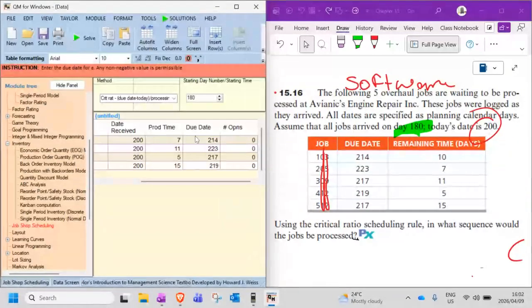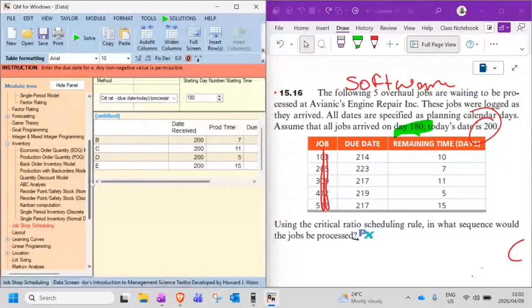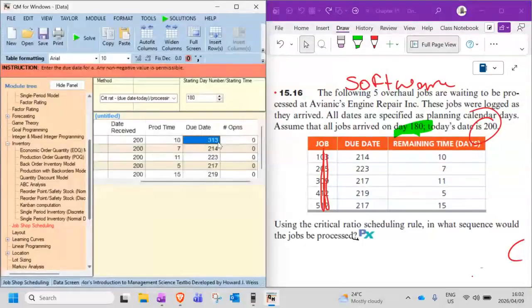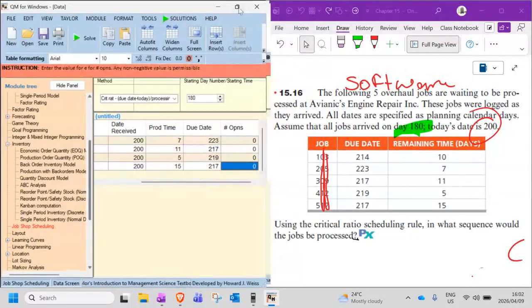There are more of these ones. They're not more. What happened? Okay, 214, 223, 217, 219, 217. Perfect. Then we solve.